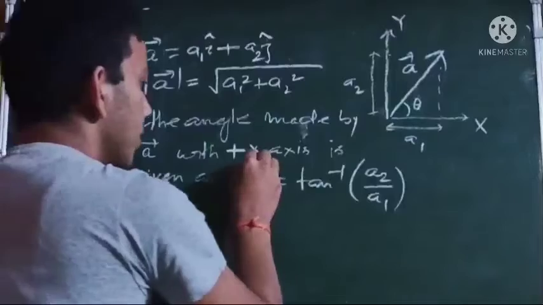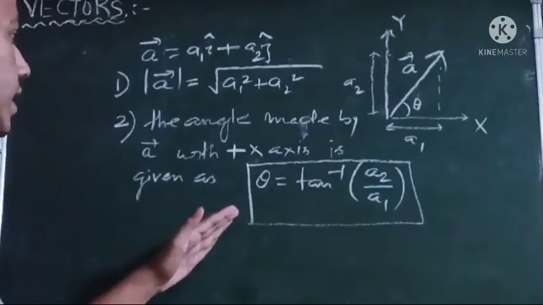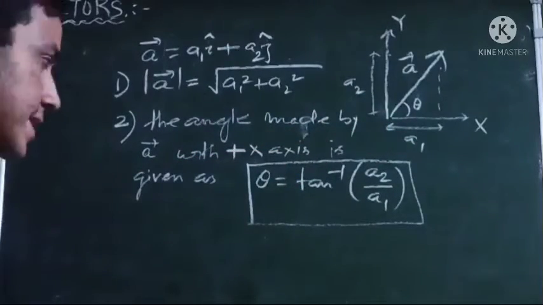So from this statement we can derive this expression. In this way we can find the angle made by the A vector with the positive direction of x-axis.